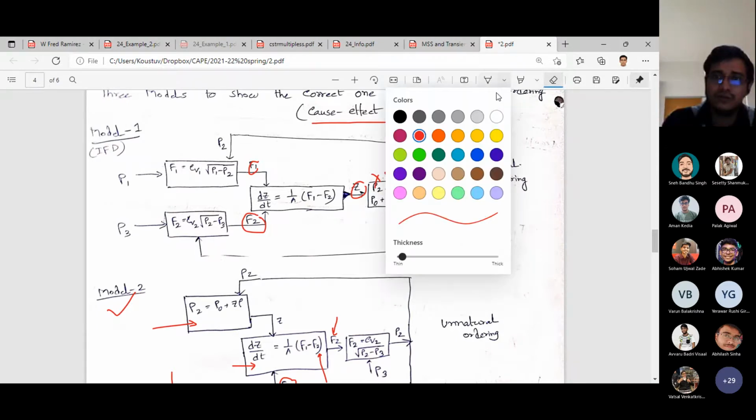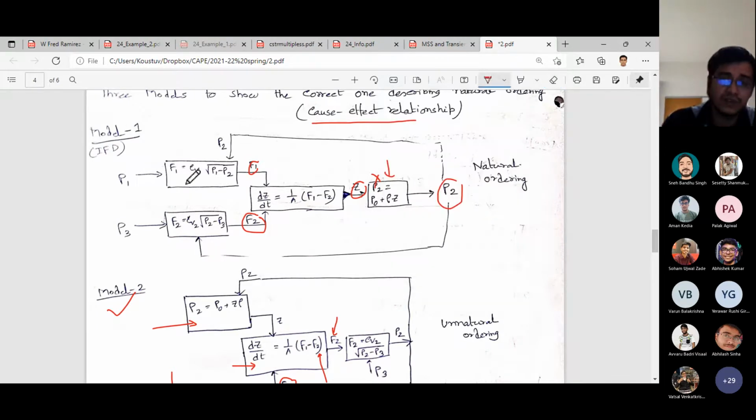That should be kept in mind. And not only that, for the calculation of F1, the expressions that you write, whether algebraic or differential, the output or the state variable must be on the left side, because that is the one you are going to calculate, and that is the one you are getting from these equations.